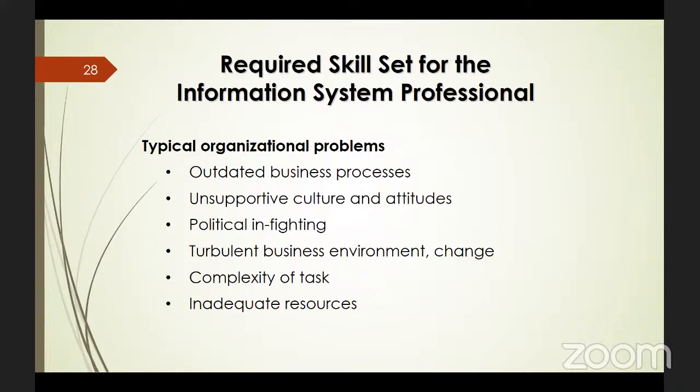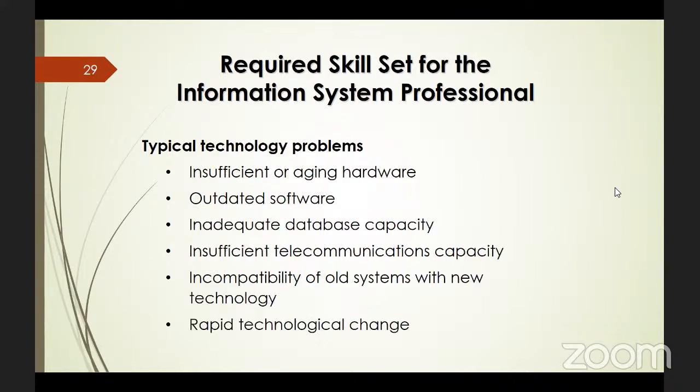If the environment is changing and we are all going through a turbulent business environment, it's called COVID. You know the businesses that are failing right now? If you were in the middle of putting in place an information system or maintaining it, it's going to be harder than ever. If the task is complex, if the resources are inadequate, whether it's time or money or anything else, obviously all of those can lead to problems in the organization.